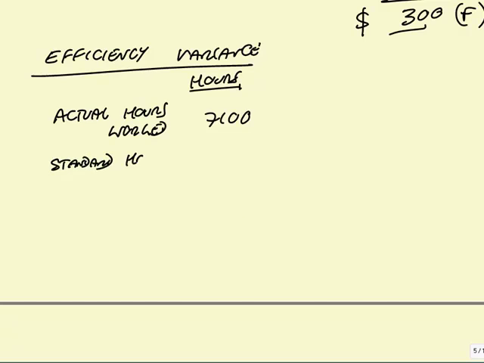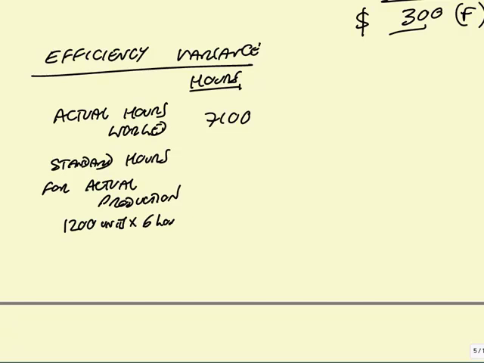How many hours should we have worked per unit? It was 6. And therefore we should have worked 7,200. I hope obviously we were faster. We've saved 100 hours. Cost it out as always at standard cost. Here per hour, $2.